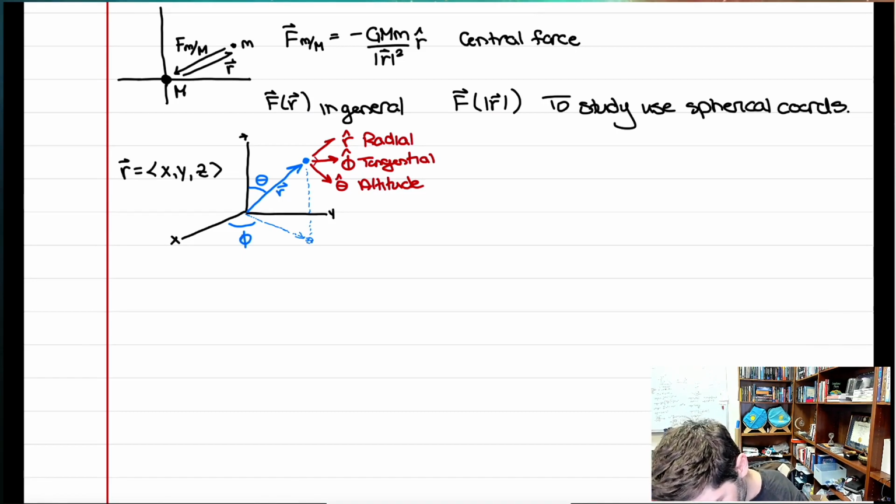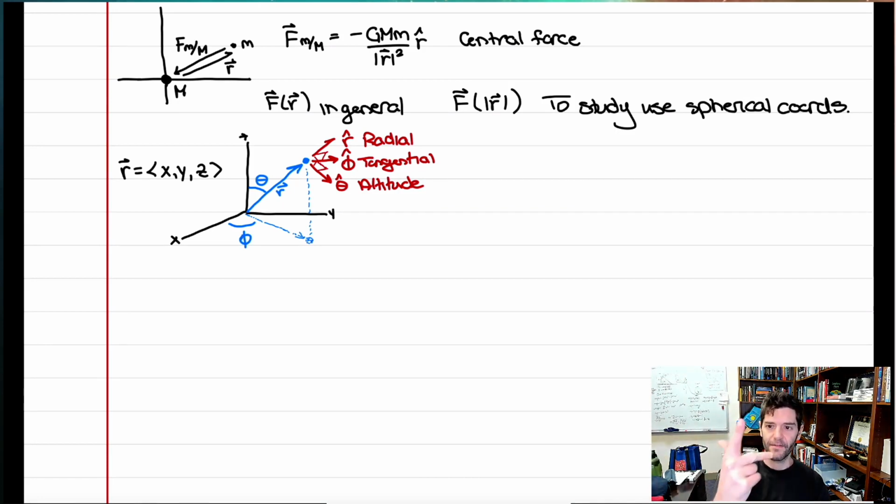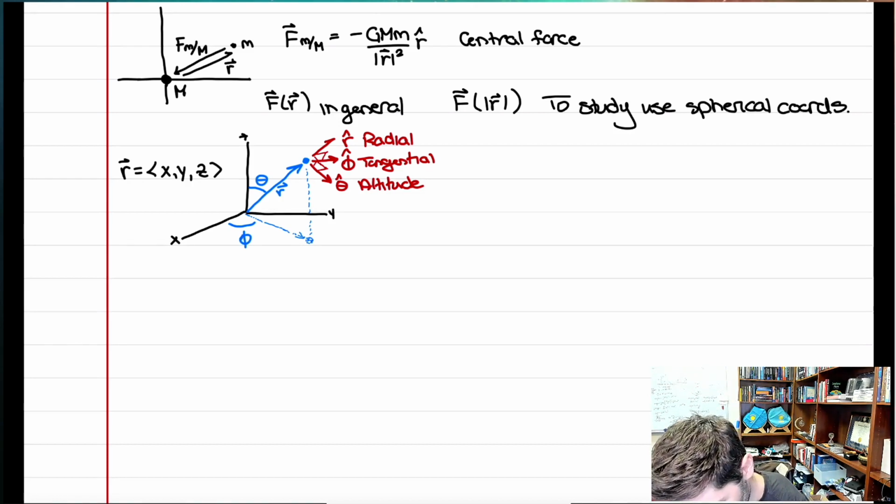It's pointing into the page, so if I try to draw it, it's also making a 2D angle there, and then a 90-degree angle there. So we've got three axes that are all perpendicular to one another: the radial direction, the tangential direction, and the altitude direction, the way I've drawn it there. So these can define your three parameters.